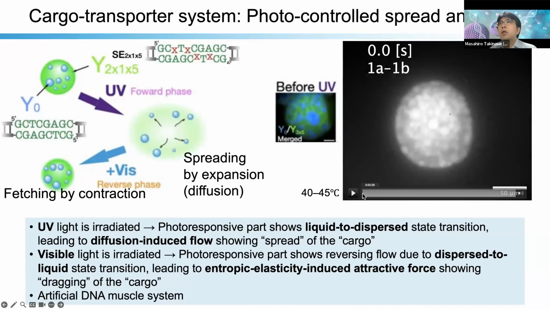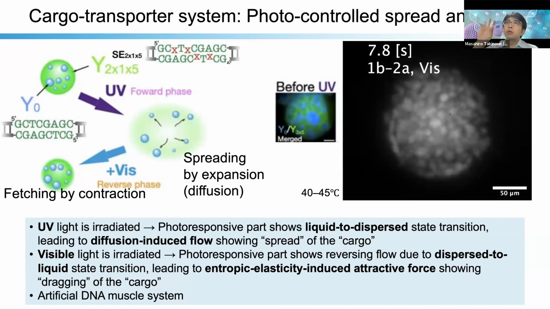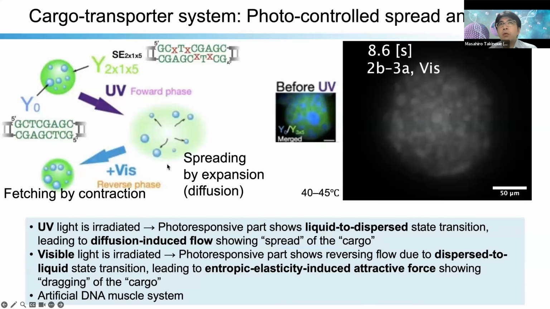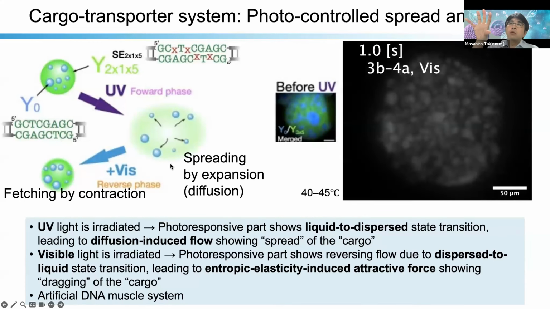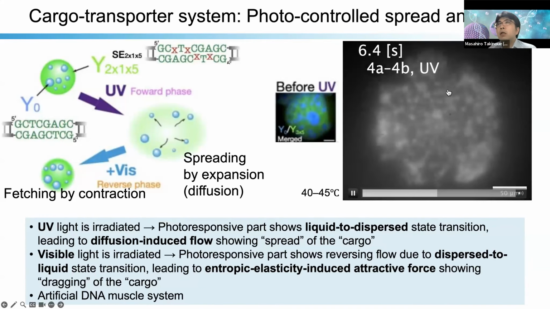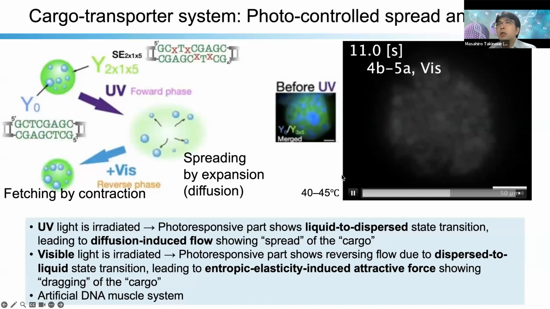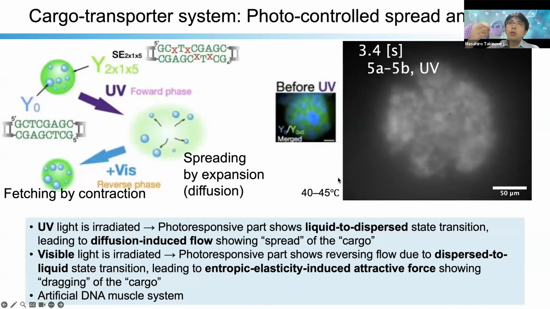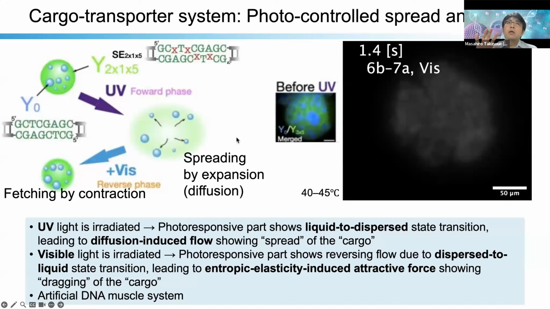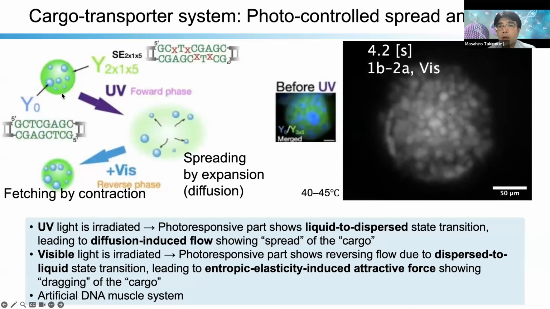Maybe you can see that this is the original state, and after the UV radiation, it disperses and spreads. And after the visible light radiation, the dispersed phase turns to the liquid phase again. So it can gather the DNA particles like this. So we can control the splitting and the fetching of the DNA microparticles using the UV radiation to the photoresponsive DNA liquids like this.